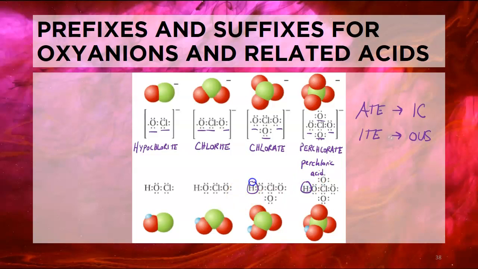This is going to become chloric acid. This would be, because of the ite, now it's chlorous acid. And then again, ite, this would be hypochlorous acid. So you kind of get the idea, hopefully, on how the polyatomic ions change from ate or ite to IC or OUS.